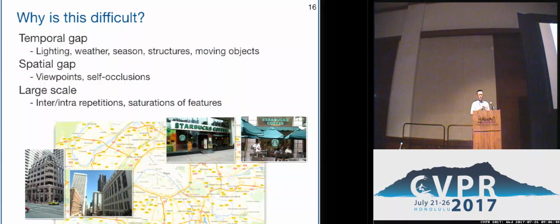In addition, large-scale visual place recognition makes the problem even more challenging, because we have to deal with problems of repetition, memory requirements and so on. But thanks to the advances of image retrieval techniques, we can do place recognition at some level, even now.